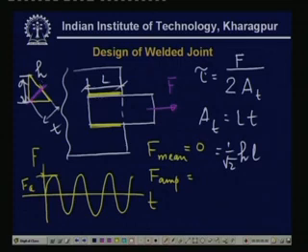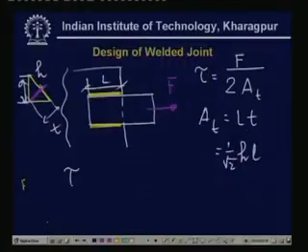So, if we find this tau, then definitely the maximum value of tau will fall below a certain limit. Now, what is that? For a successful design, tau must be less than or equal to the endurance limit.